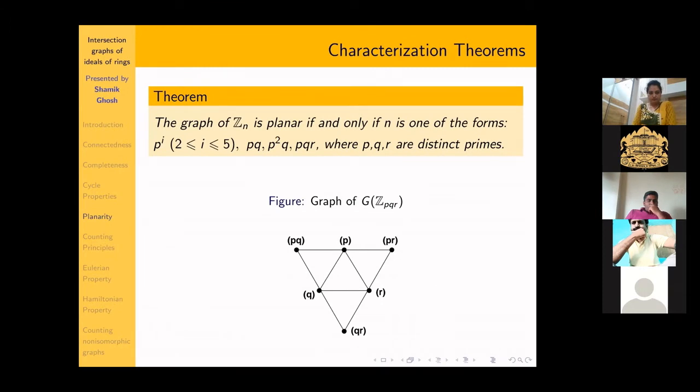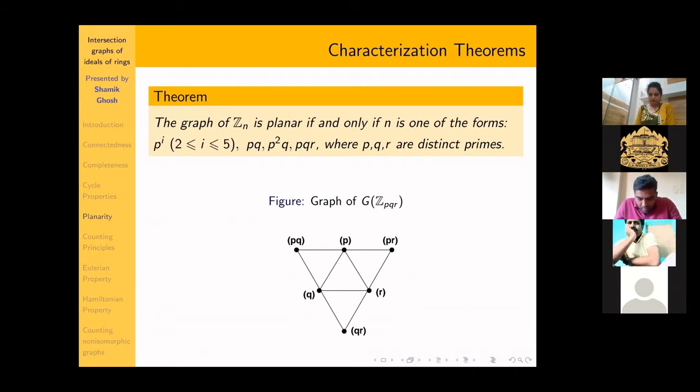So the only remaining part is that n is either p square, pq, p4, p5. P5 is just K4, that is 4 vertices, p square, p cube, and p4, all of them adjacent to each other. This is K4. And pq, a 2 vertex null graph, and p square q and pqr.